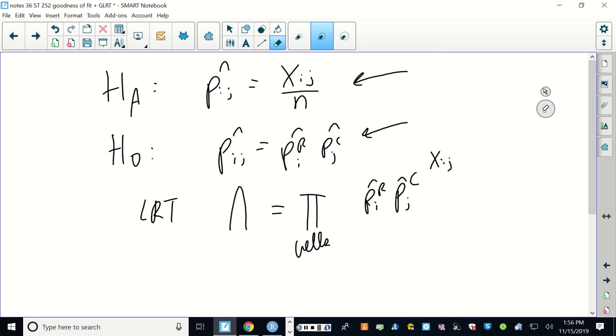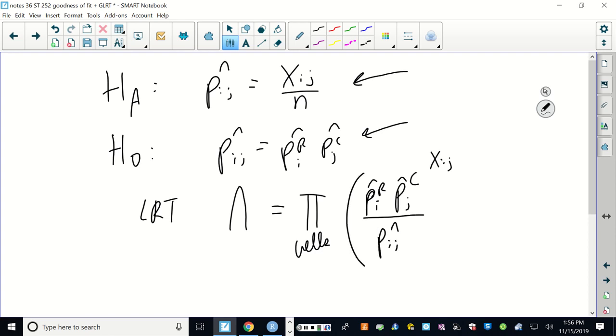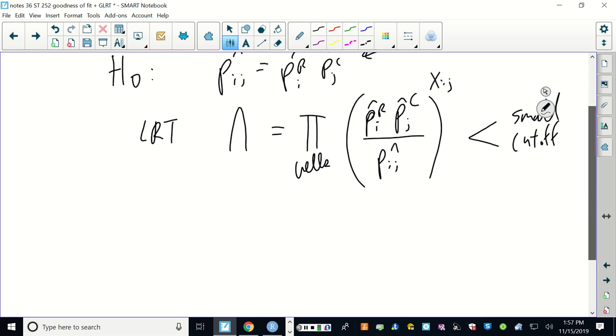This is a P, not an R. In the denominator, it's the Pij hat raised to that power. So we can kind of put those things together. And so we're going to reject the simpler model that says independence if this thing is small. If the likelihood ratio is pretty small, we're going to reject that and say it's not good, right?